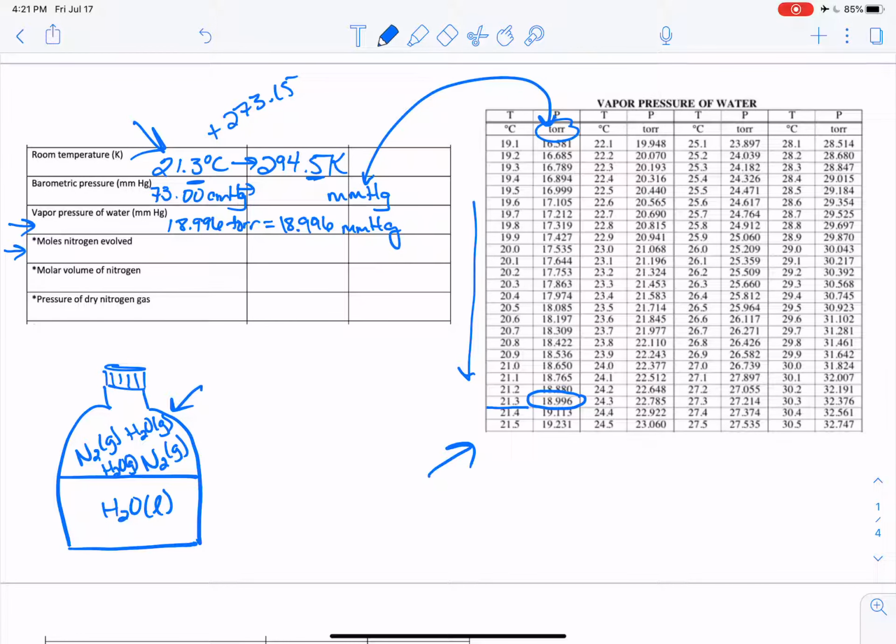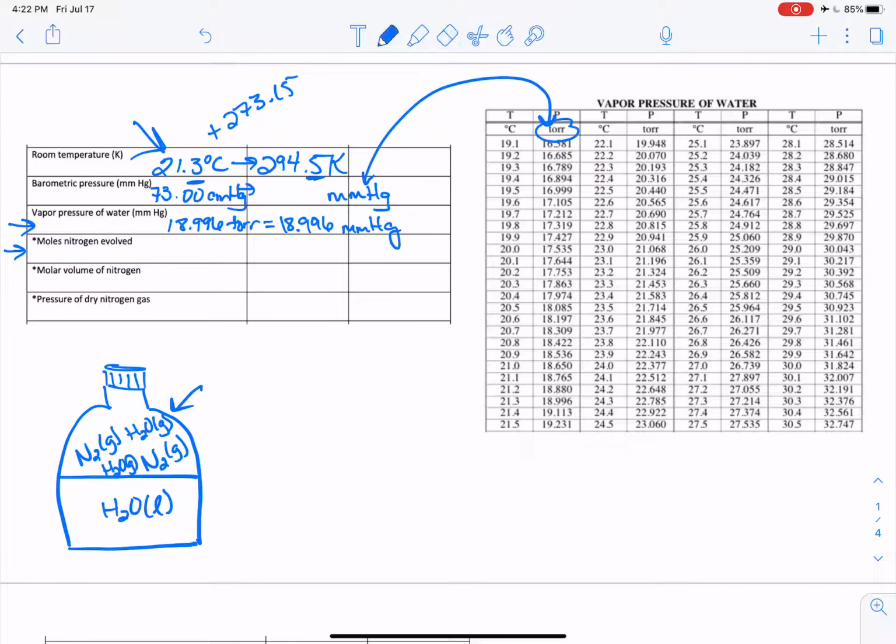So we've got to switch gears here for a second, and we've got to calculate a limiting reagent problem. So we've got to find the theoretical yields, and in that we've got to find what's the limiting reagent and what is the excess.